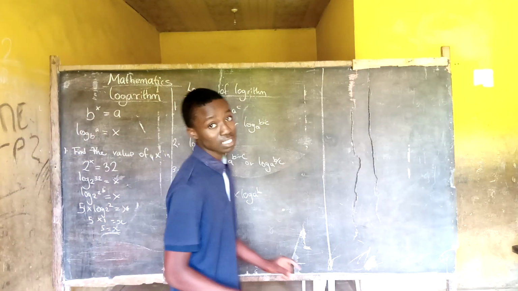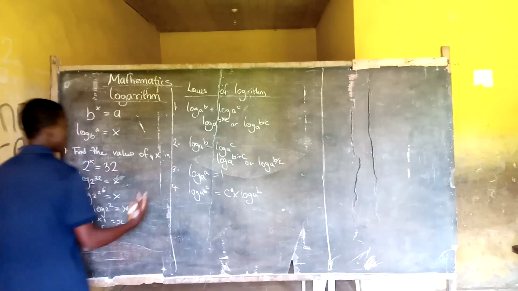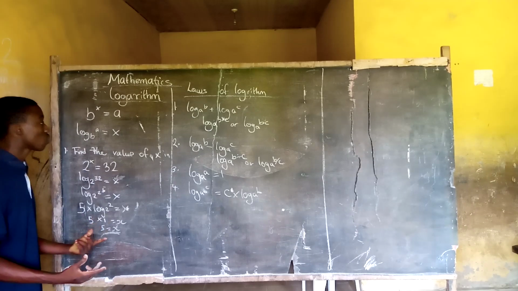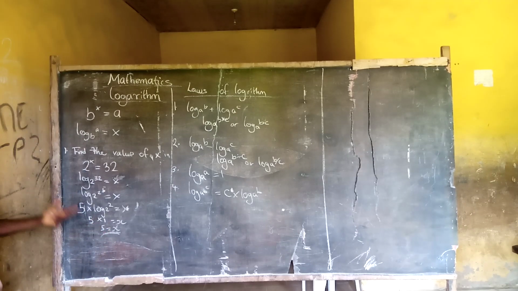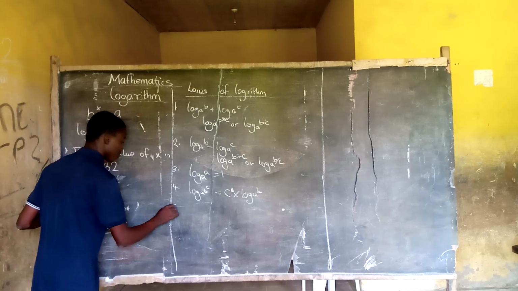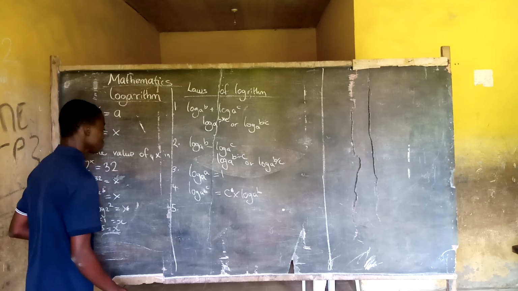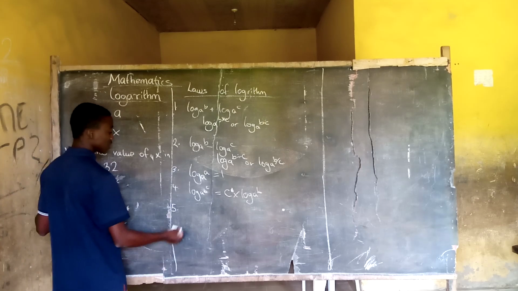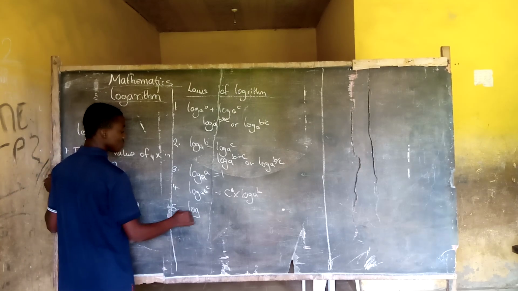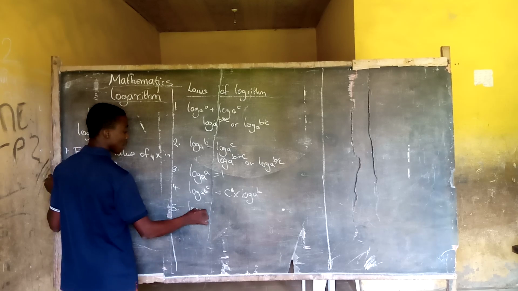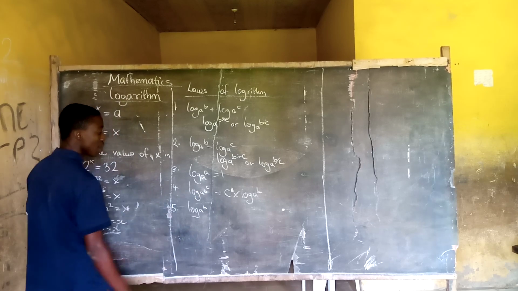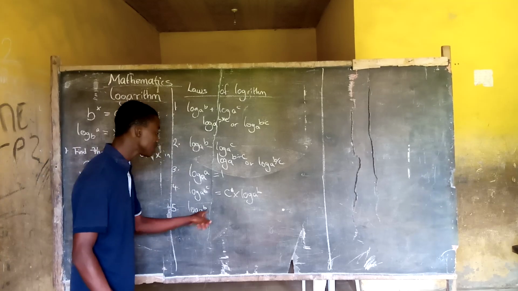Okay, so remember I said we are being guided by the rules. We work with the rules that are being given to us. Now these are some of the basic laws. Then the last law states, for example, we are having something like a log value raised to the power of a to power b, and there is no similarity between them.